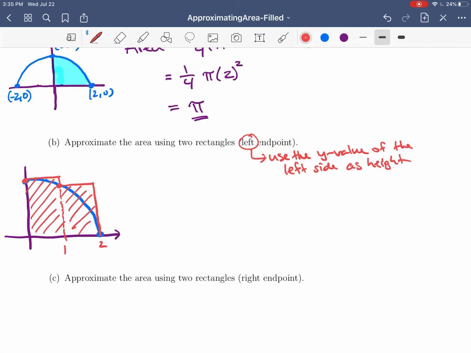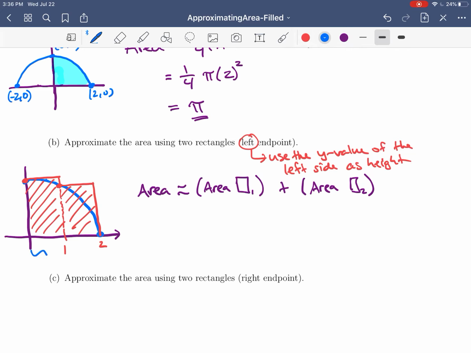So we want to approximate the area by computing the area of these rectangles. The area is going to be approximately the area of rectangle 1 plus the area of rectangle 2. The area is going to be the length times the width.